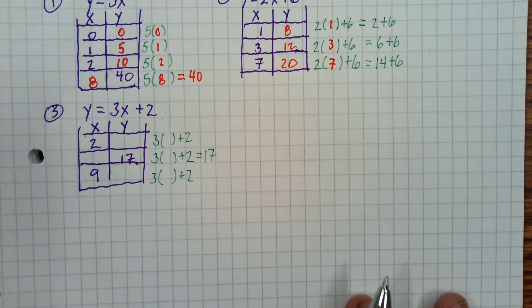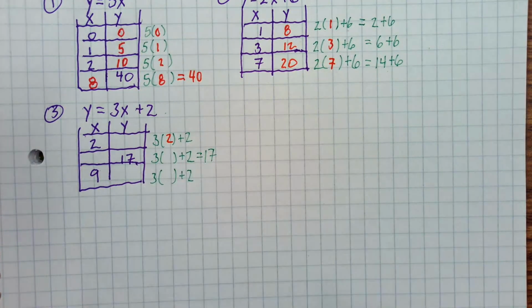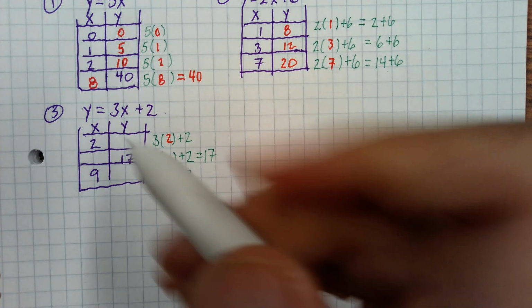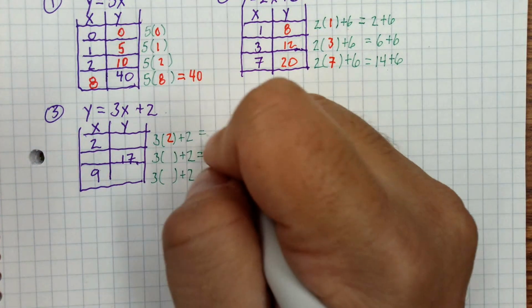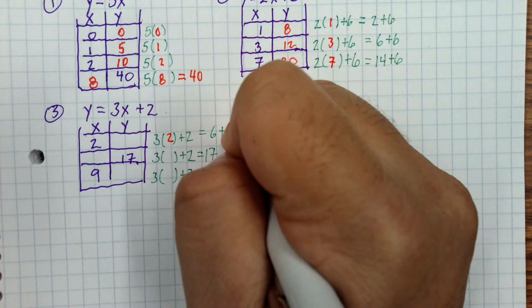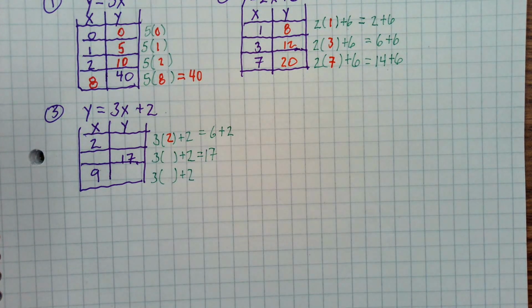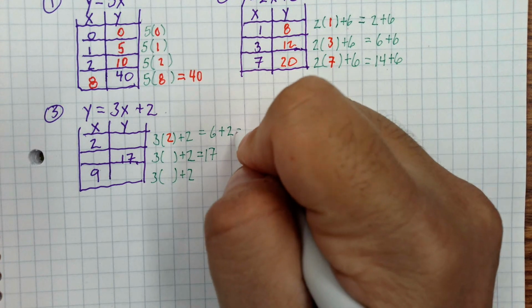So let's work this out. We'll put a 2 here, and let's see what that gives us. Three times 2 is 6, and then plus 2. What does that give us? It gives us 8.